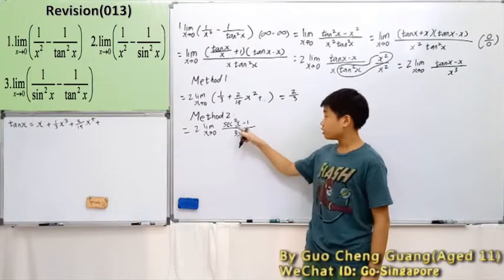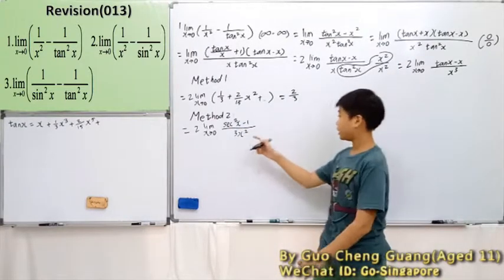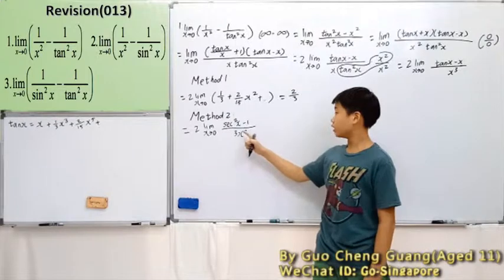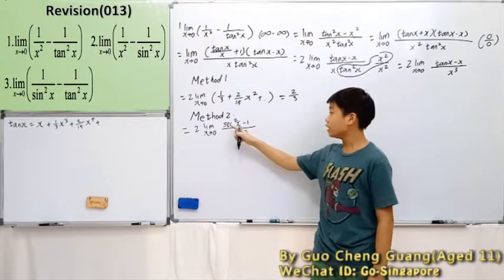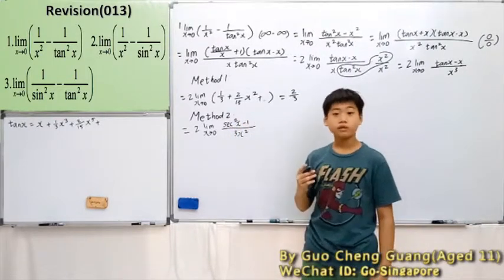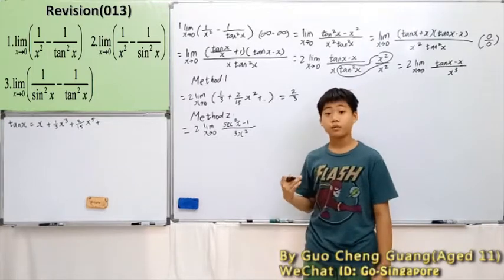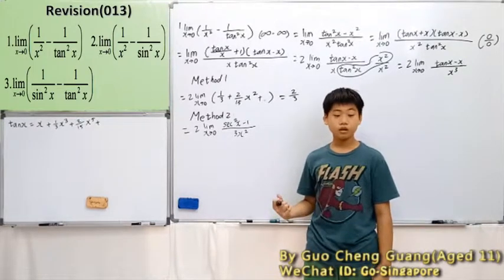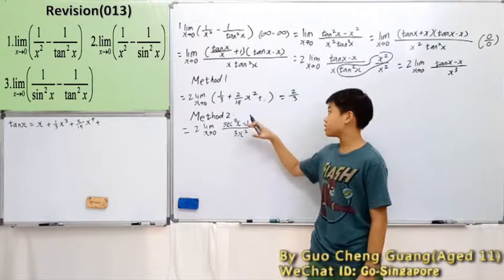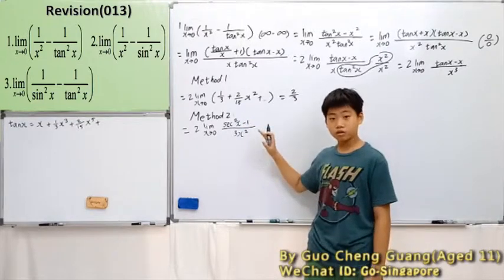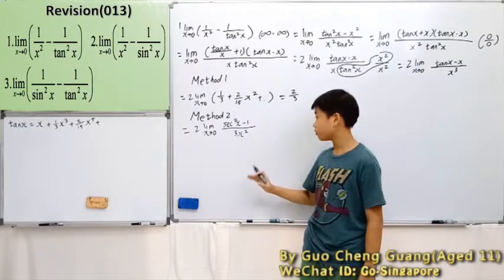Now here you have another method. For example, secant squared x minus 1, you can change it into tangent squared x. Then after that, it becomes sine squared x over cosine squared x.